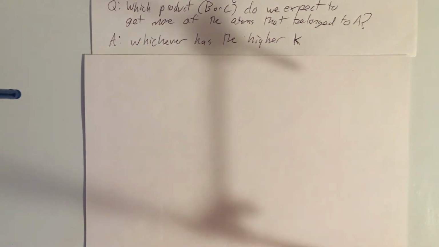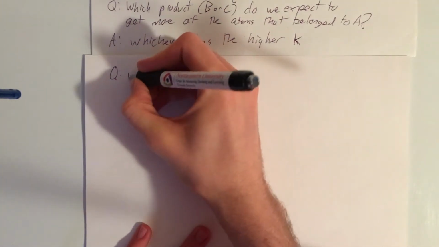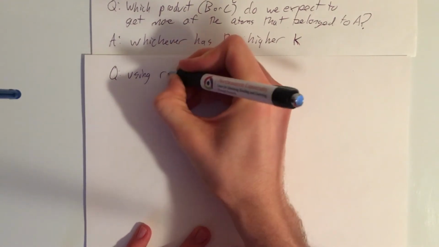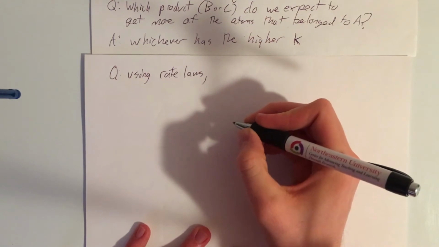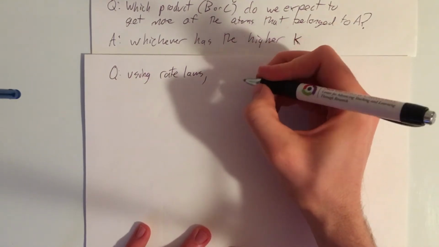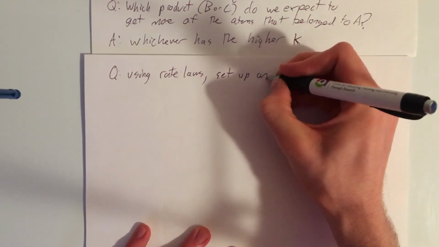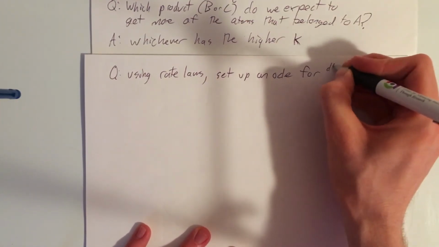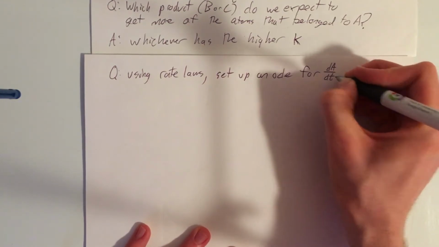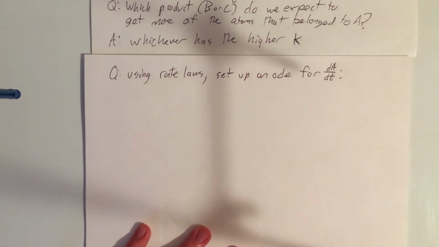Okay, so next question. Using our rate laws, set up an ODE for dA dt. So pause the video and try to work that out.